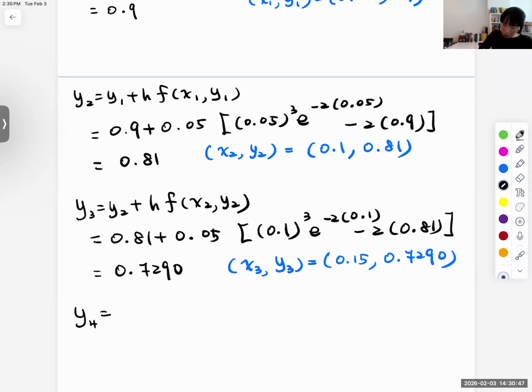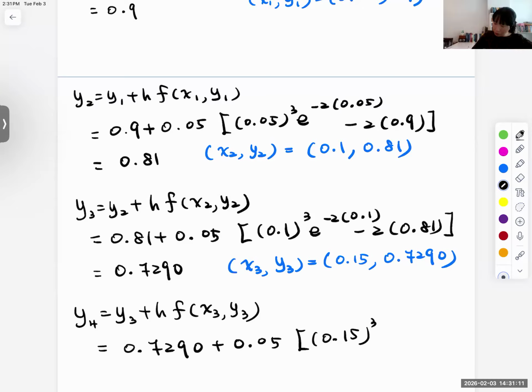y sub 4 equals y sub 3 plus step size times f of x sub 3, y sub 3, right? That equals y sub 3, which is 0.7290, plus step size times f of x sub 3, which is 0.15 to the third power times e to the negative 2 times y sub 3, which is 0.729.